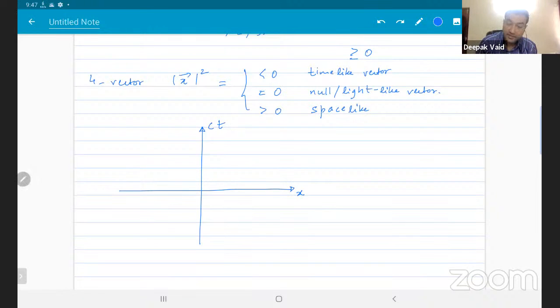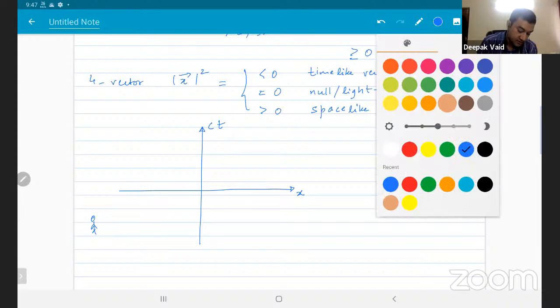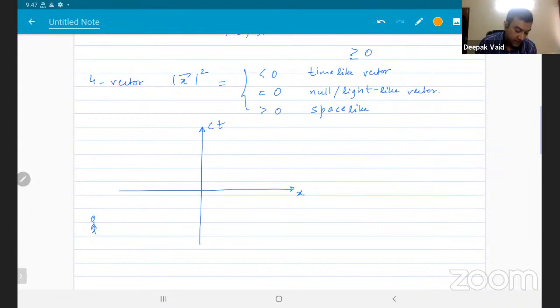So I am some observer, right? I can label points with a spatial coordinate and a time coordinate. Okay, now what is the meaning of a point here?